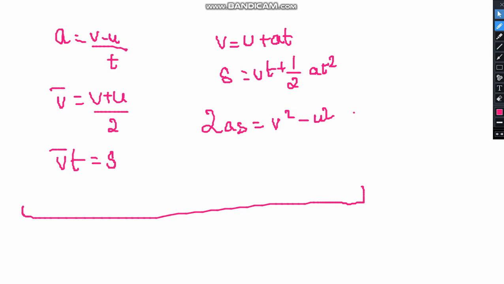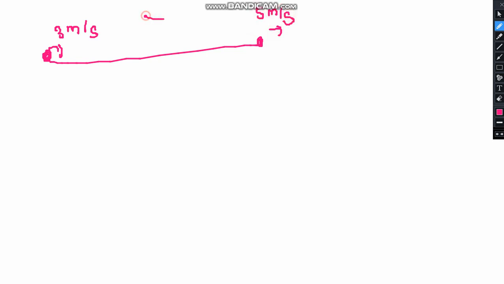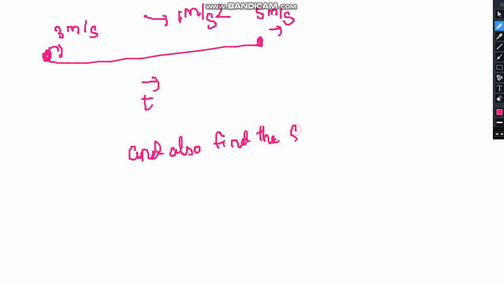Now let's try to solve a very important question. Suppose a particle starts with an initial velocity of 3 meters per second, goes to a velocity of 5 meters per second, with an acceleration of 1 meter per second square. Find the time it takes and also find the distance it moves, or find s.